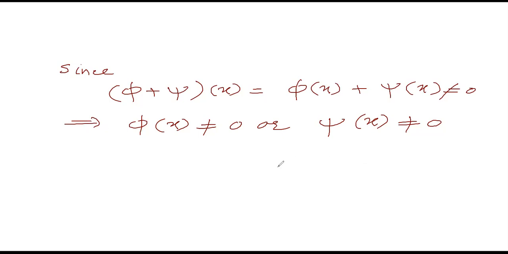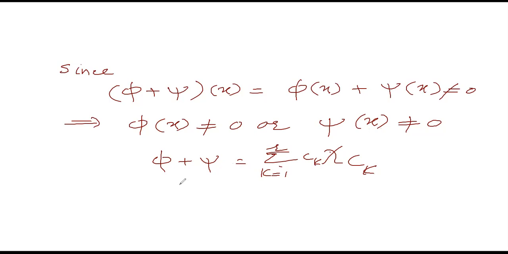Because we have a standard representation for phi plus psi, which is the summation over k from 1 to r of ck times the characteristic function of Ck. So in case its value is non-zero, the value must be one of c1, c2, up to cr, and at that moment either phi x is not equal to 0 or psi x is not equal to 0.